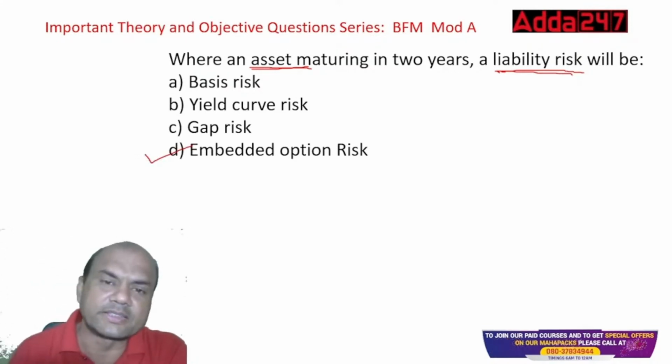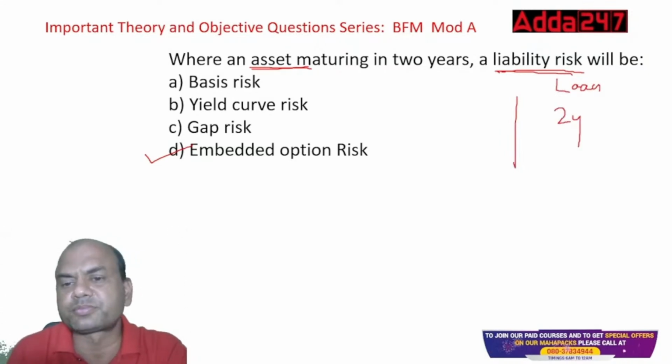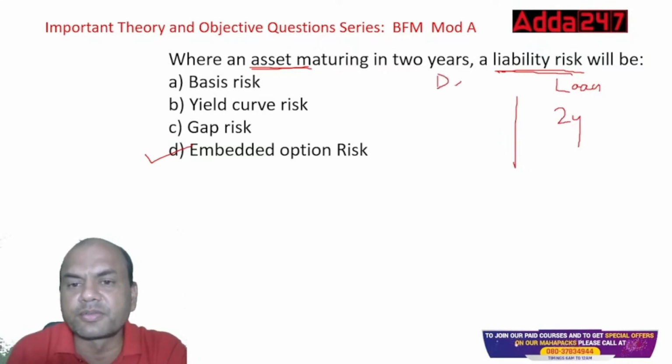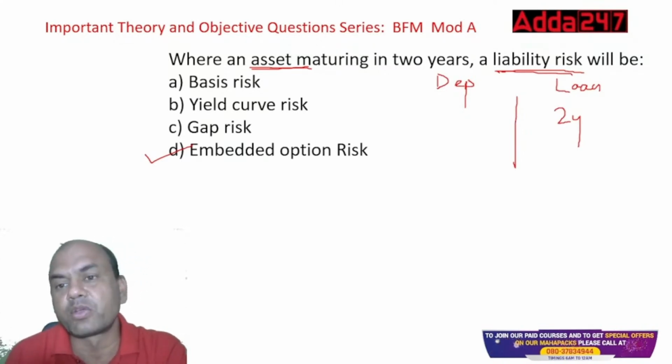See here, if this loan is maturing in 2 years, I have to fund this loan for these 2 years. I have to see to it that I have sufficient deposits for this loan.